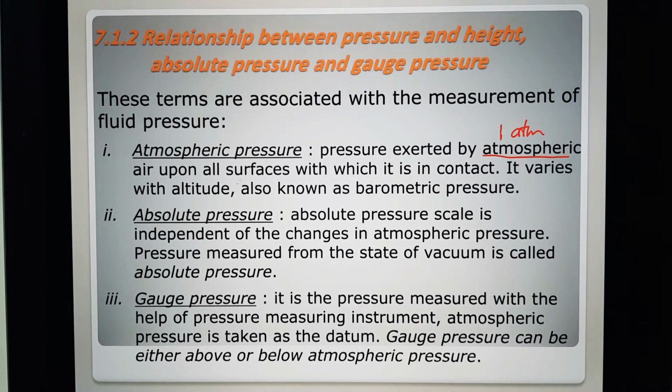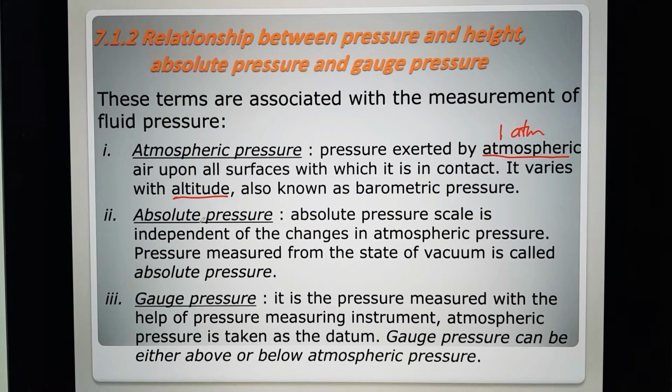It varies with altitude. If you go to a higher level, then the pressure will be different. If you go lower than ground level, the pressure will be different as well. This atmospheric pressure is also known as barometric pressure.